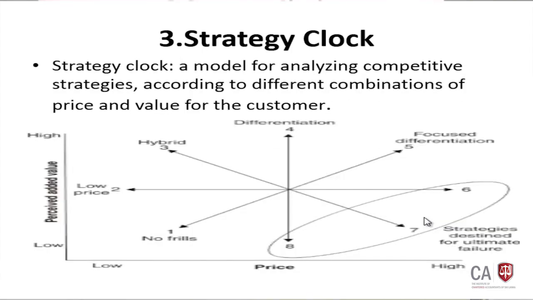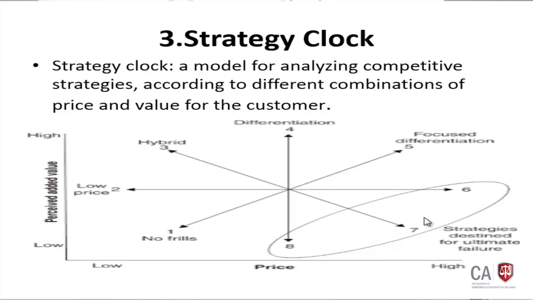So with that we can complete Porter's generic strategies, and we can move to the strategy called Bowman's strategy clock. Bowman introduced this particular model, the strategy clock. This is similar to Michael Porter's generic strategies, but it has identified more options for organizations. You have to read this one clockwise.